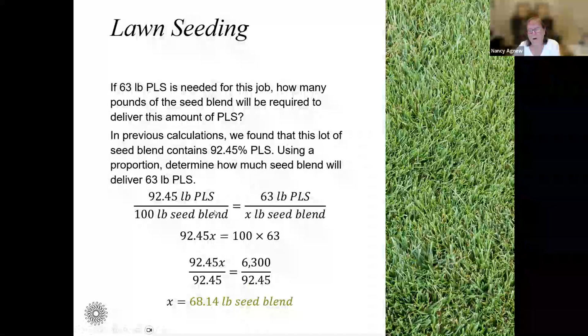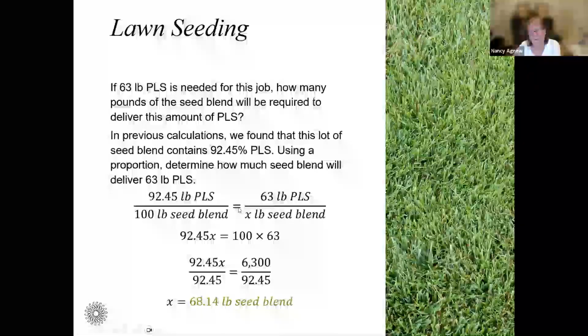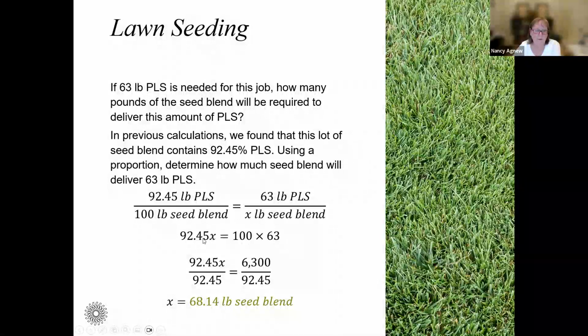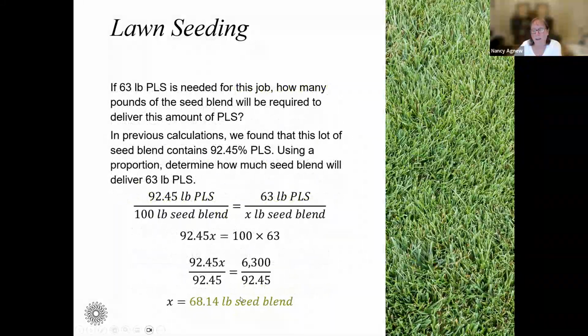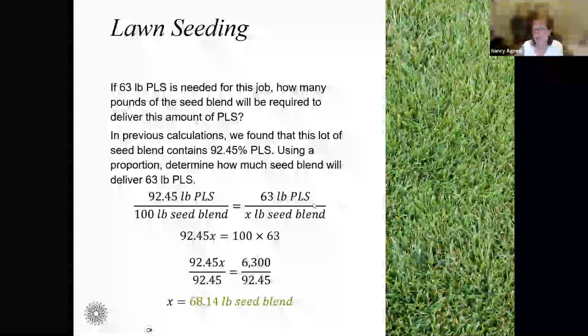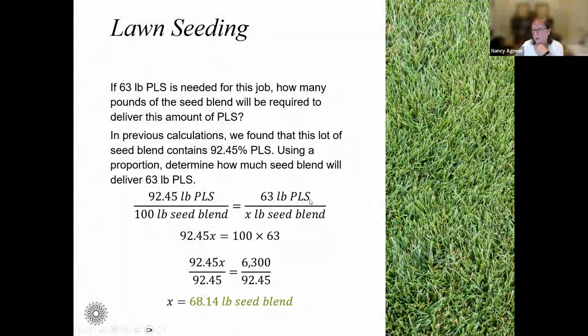Again, you can cross multiply: 92.45 times X, 100 times 63. We divide both sides by 92.45, and it turns out we need 68.14 pounds of seed blend to give us 63 pounds of pure live seed.